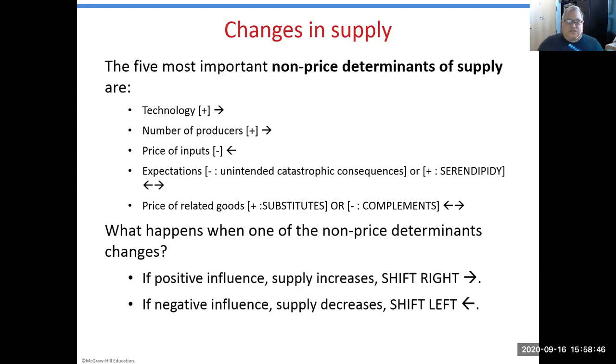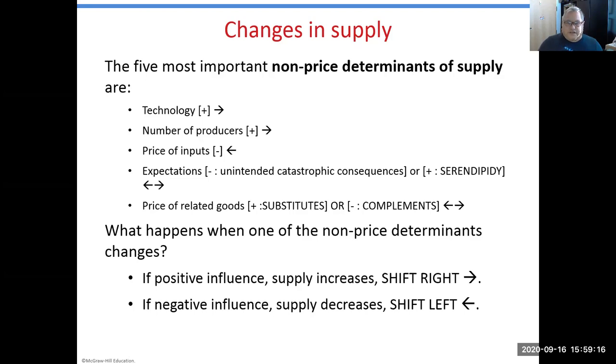Technological innovations for competing goods can result in lower supply of the good in question. So we capture those types of changes in the price of related goods. When we have substitutes for goods, if the price of a substitute goes down, then the supply of the good in question should shift to the left, should also go down.